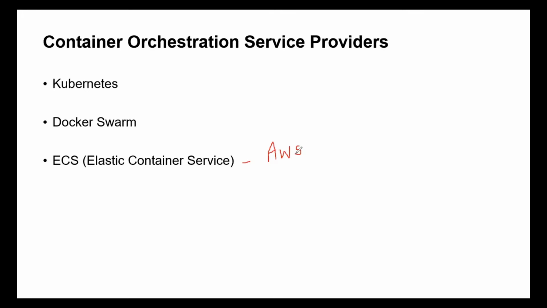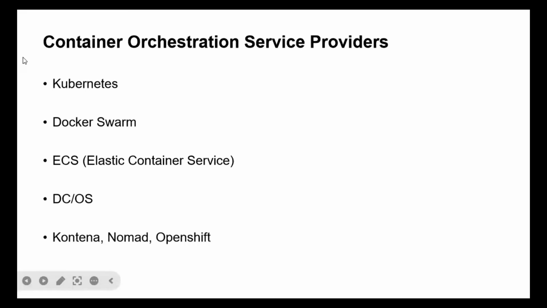This is a container management platform from AWS, which is what we are going to discuss today in detail. Then we have DCOS, and other container management platforms like Containerd, Nomad, OpenShift, etc. But the popular ones are basically Kubernetes, ECS, and to some extent Docker Swarm as well.